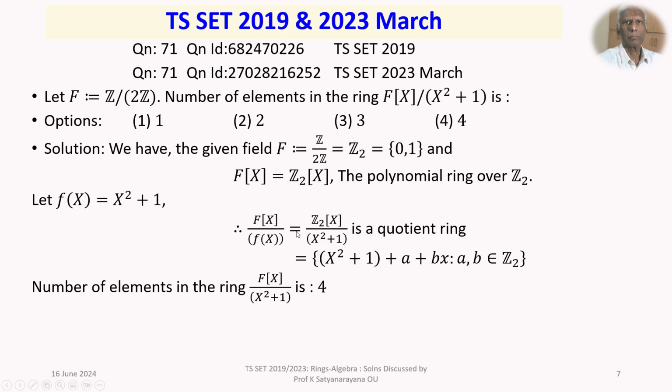Don't be under the impression that F[x] by the ideal generated by f(x) is a field. No, it is just a quotient ring. Agreed. So the answer to this question is option 4. That is the detailed discussion of the solution of this problem, and it is also a very, very easy problem.